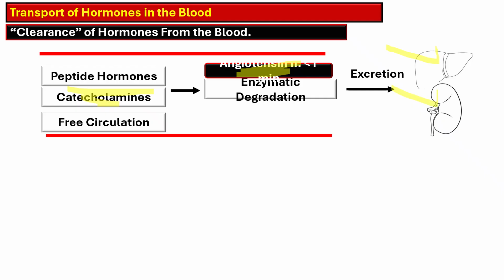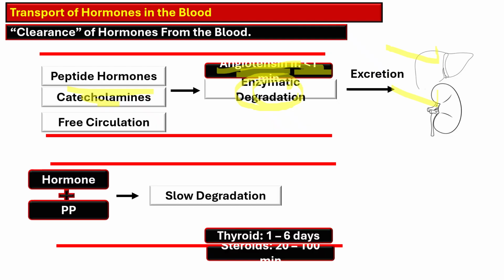Therefore they remain within the circulation for a short time, such as angiotensin 2, whose half-life is less than 1 minute, while the hormones that are bound with plasma protein degrade slowly, and thus they remain in the bloodstream for a long time, for days or even weeks.